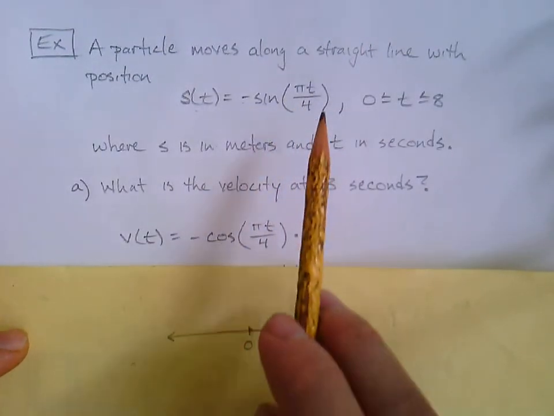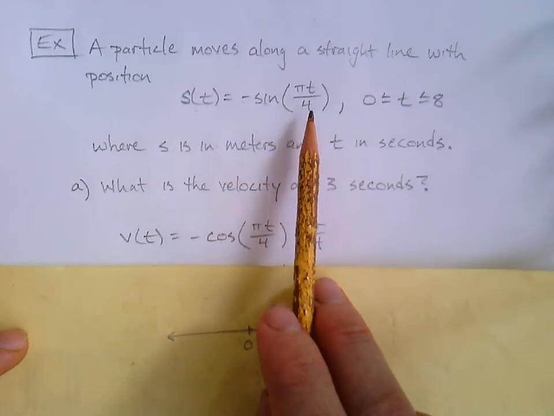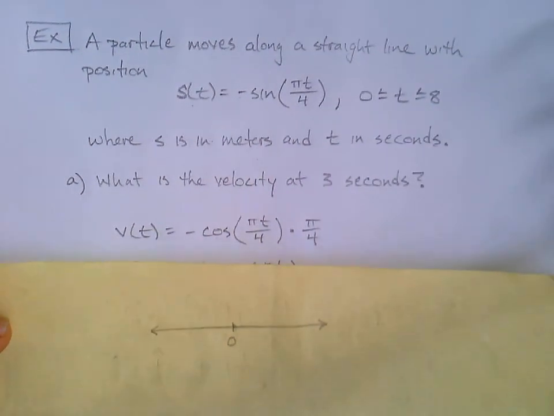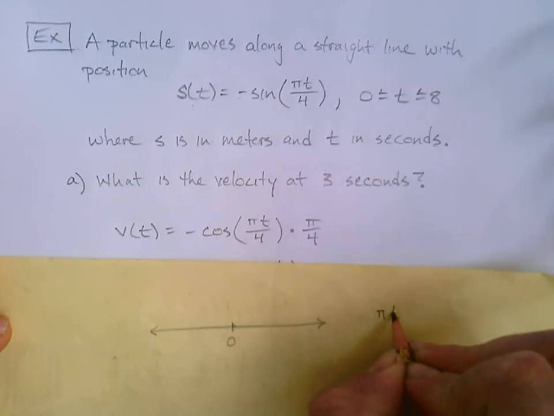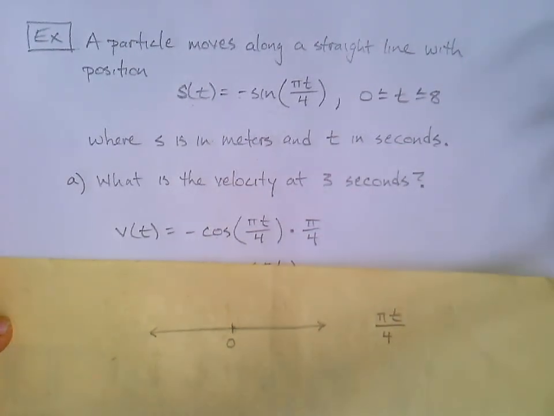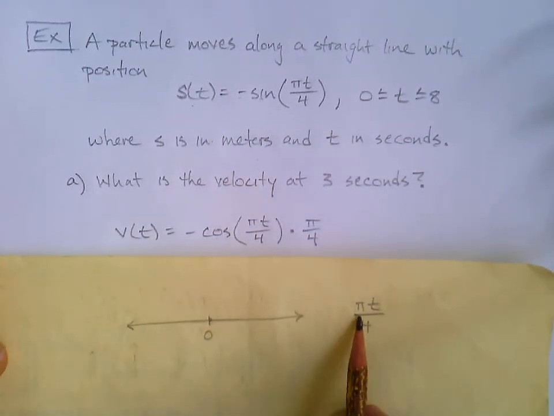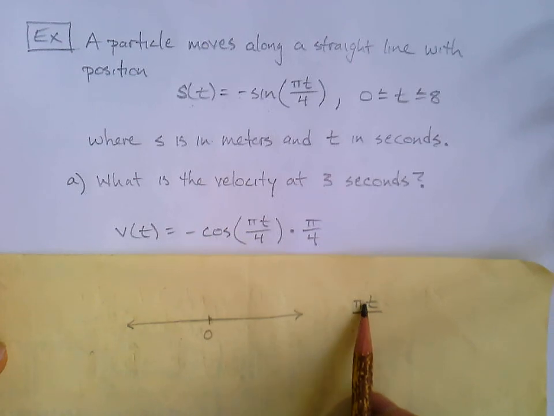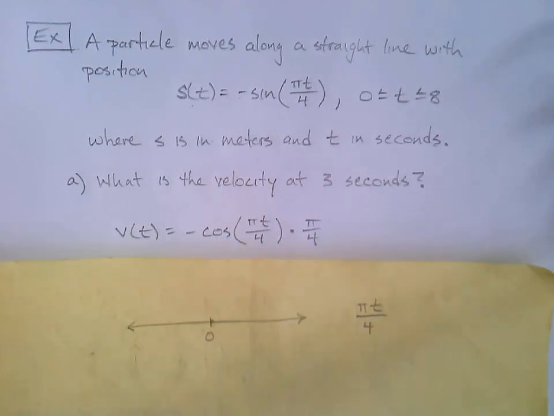Let me explain this, because that can be kind of tricky for people. Pi t over 4, the derivative is just pi over 4. Why is that? When you see pi t over 4, a lot of people think to use quotient rule, right? There's a high and a low. And there's nothing wrong with that. You can definitely get to this answer with the quotient rule, but it's actually simpler than that.